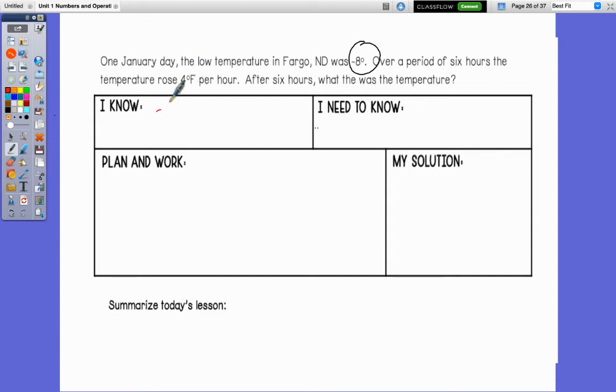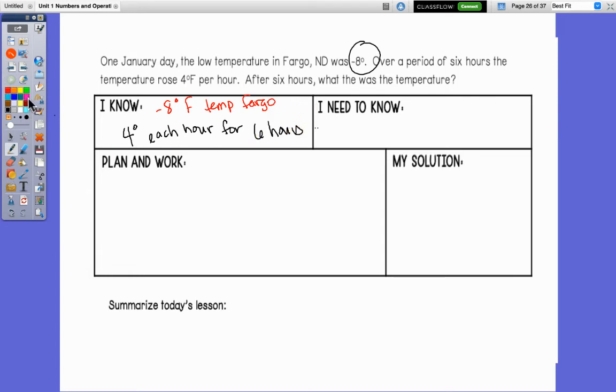So I start with negative 8 degrees Fahrenheit. That is darn cold. That's why I live in Texas. Over a period of 6 hours, it rose 4 degrees per hour. So rose is positive, 4 degrees each hour for 6 hours.